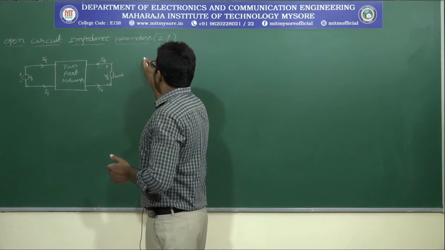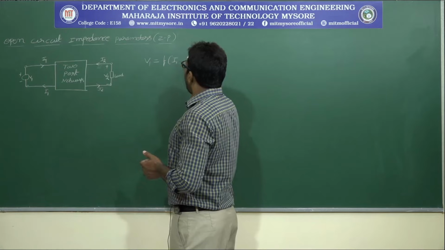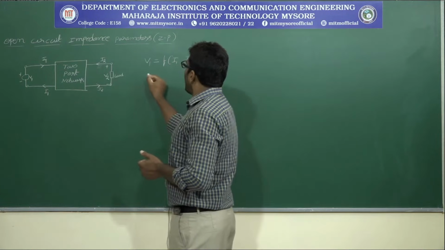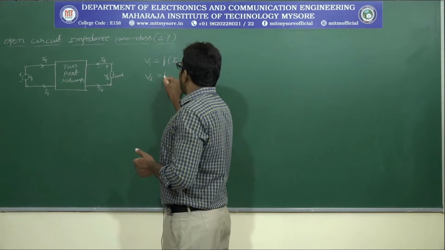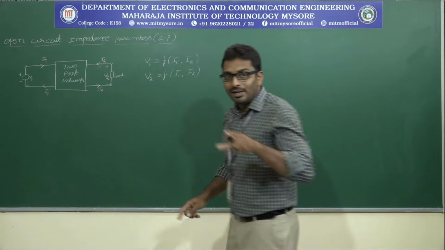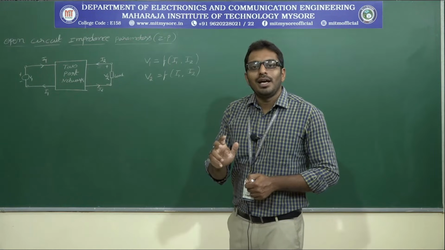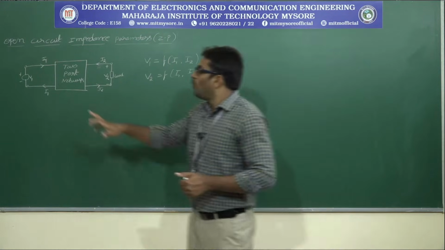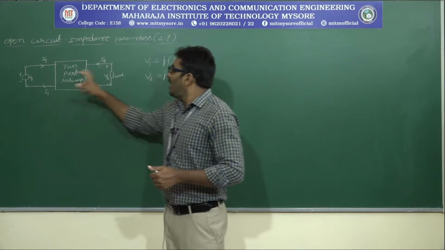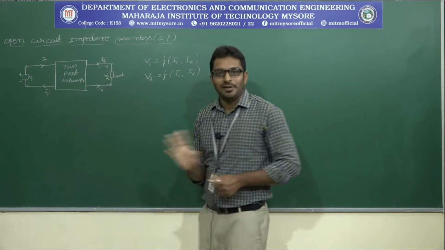See, before that, let me write V1 is equal to function of I1 and I2. Again, V2 is equal to function of I1, I2. So that now you can understand. In order to obtain Z parameters, express voltages V1 and V2 in terms of currents I1 and I2.